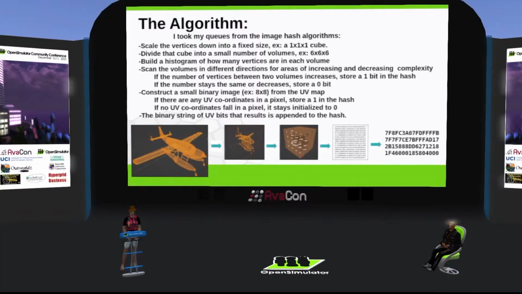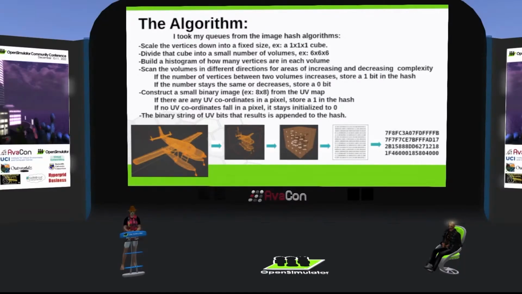And then I count how many vertices there are in each one of those little chopped up volumes. And then, like the image, I scan through all of these volumes in the same order every time. And I look at whether the object is getting more complicated, the number of vertices increases, or the number of vertices is decreasing, and I store a 1 or a 0.